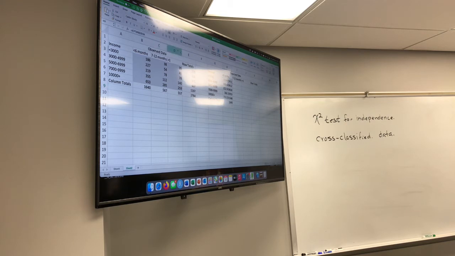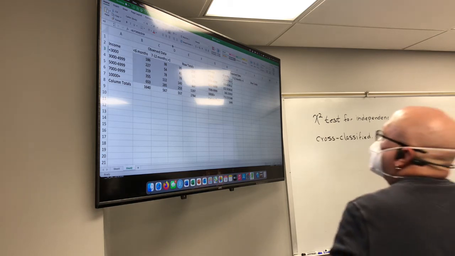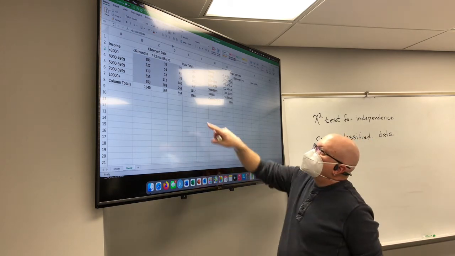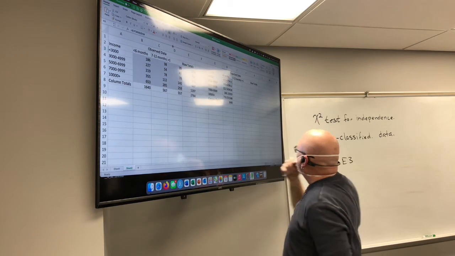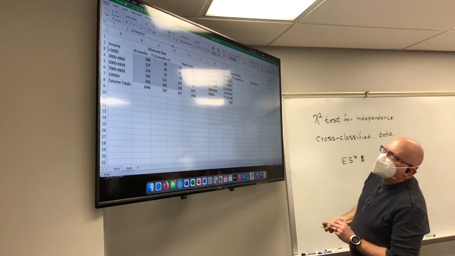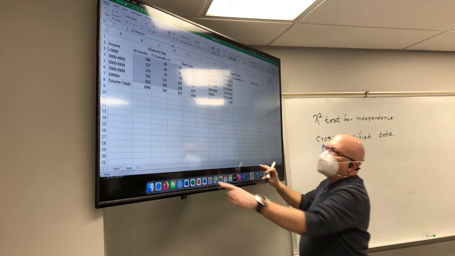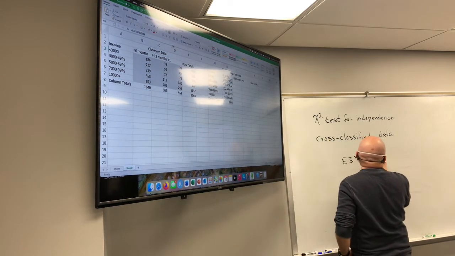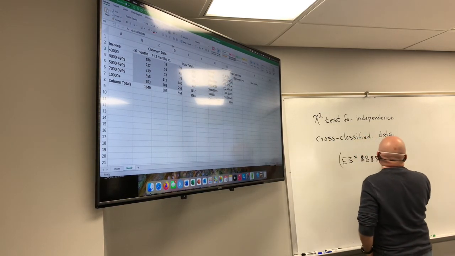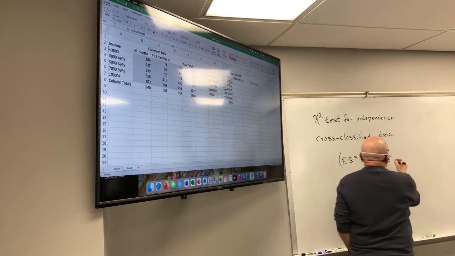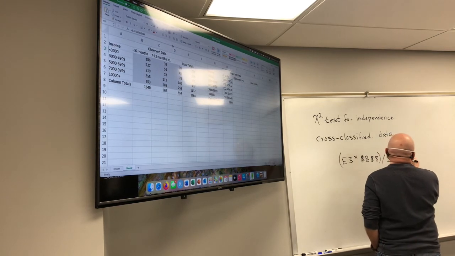I can. Yep. I'll actually write it on the board. The first equation is E3, which is the E column, the third row, times dollar sign B, dollar sign 8, divided by dollar sign E, dollar sign 8.